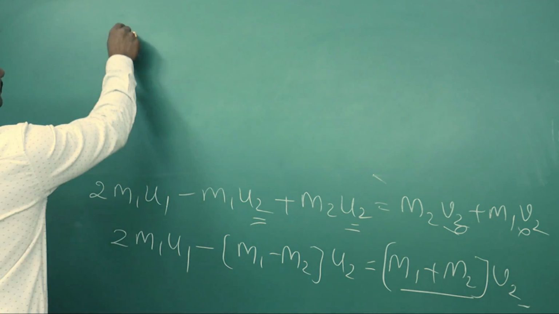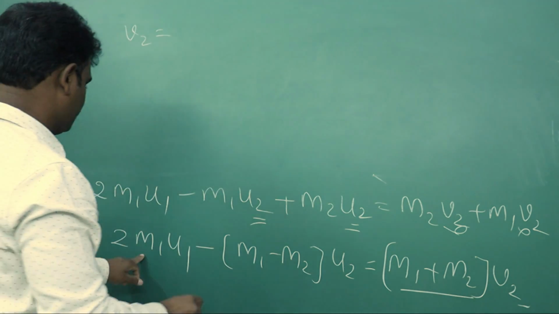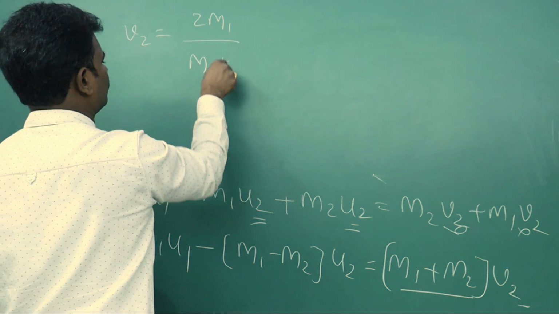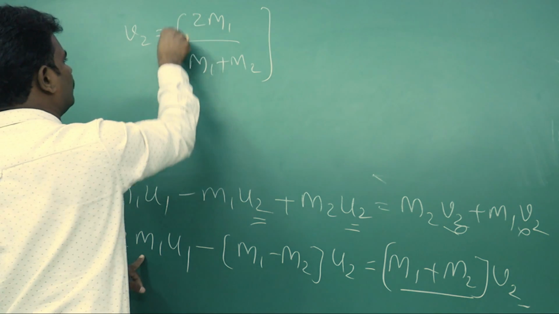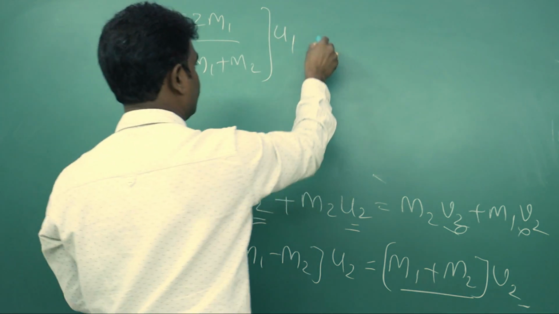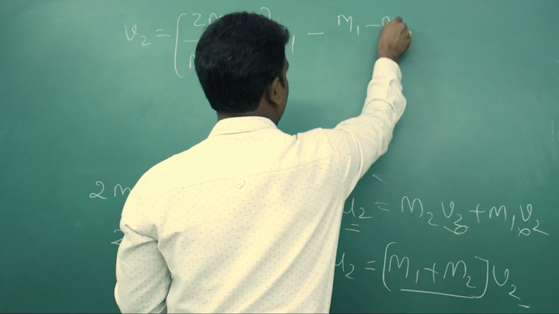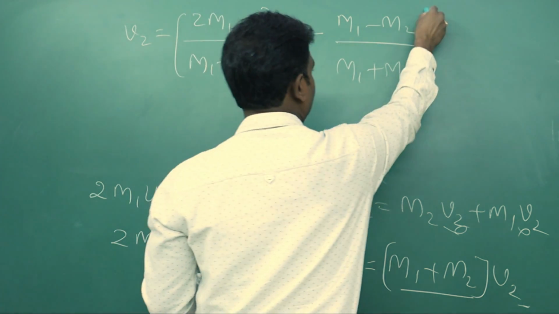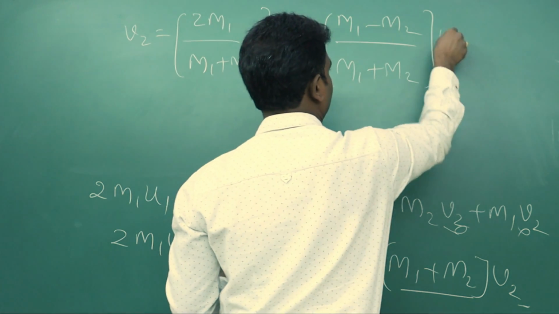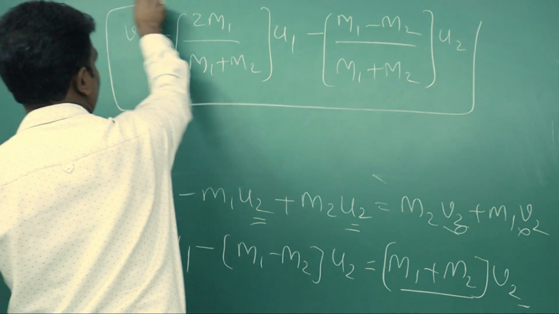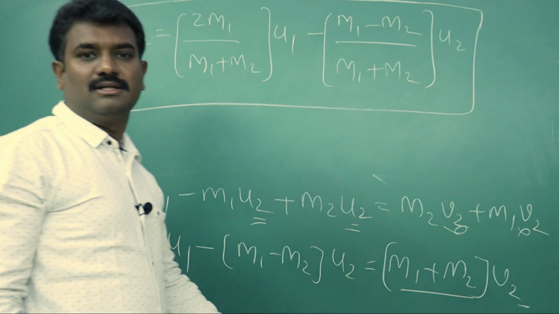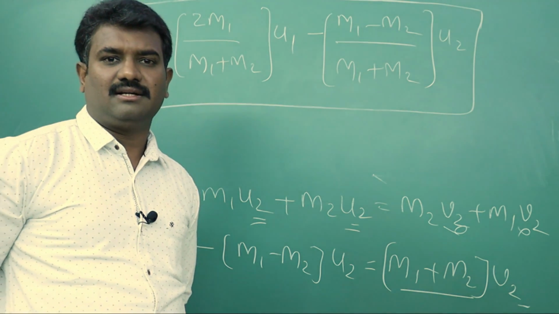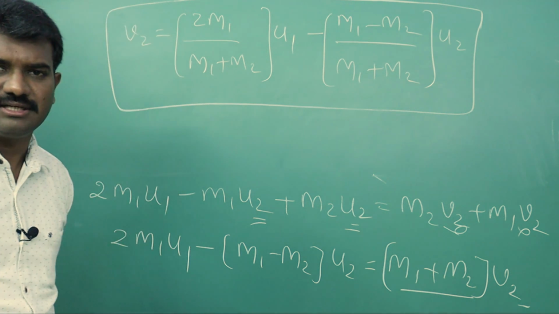So our v2 becomes, and that's all. This is our formula for the final velocity of the second object after collision.